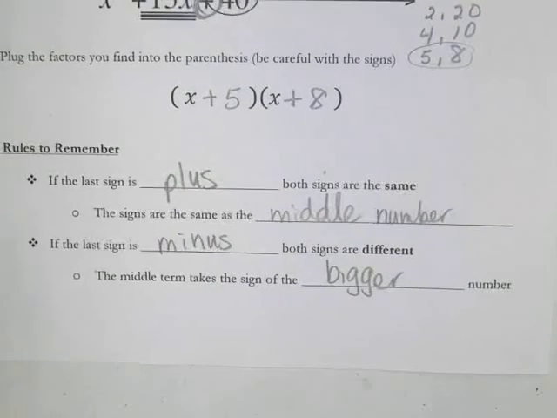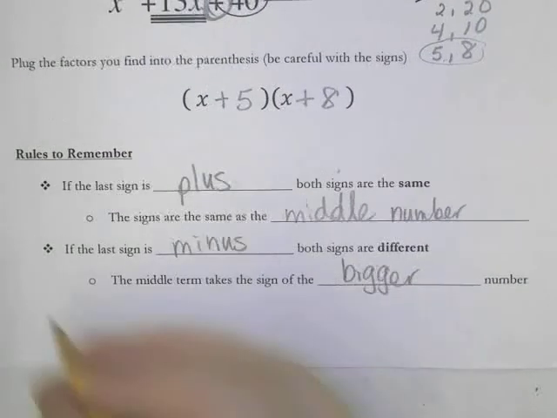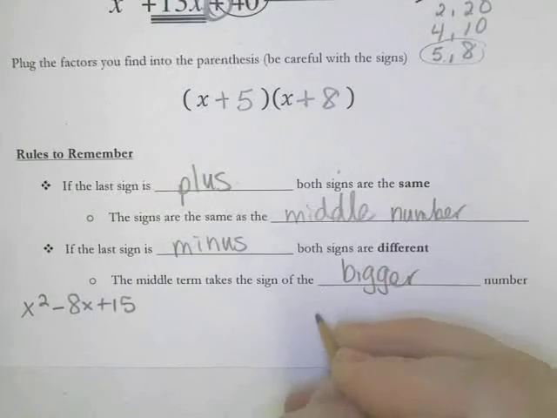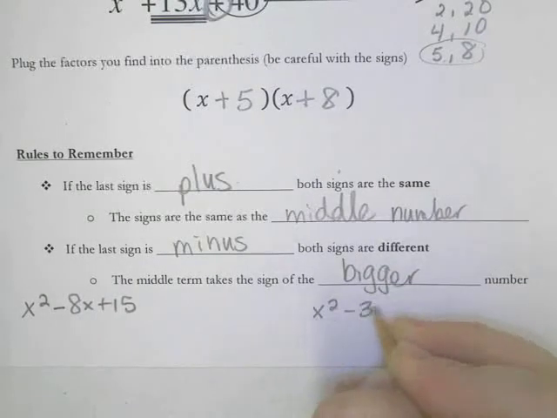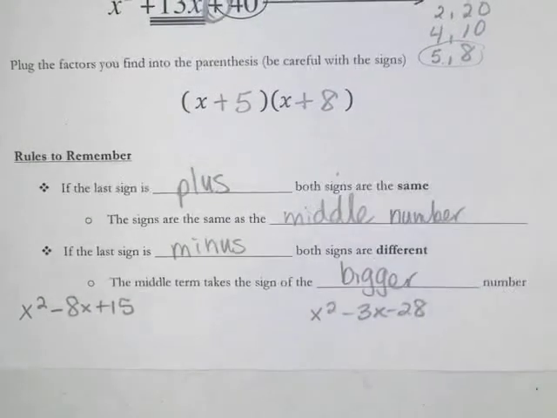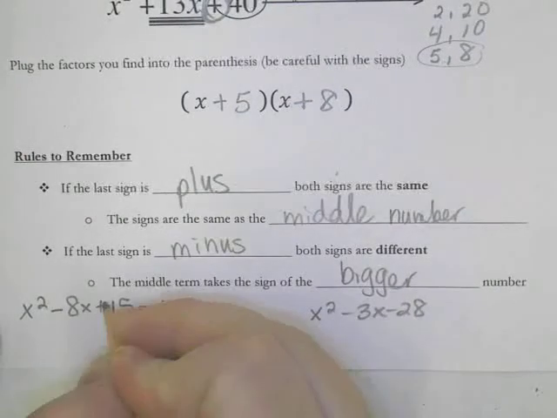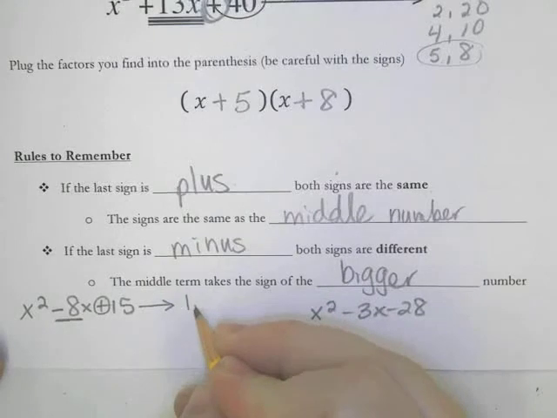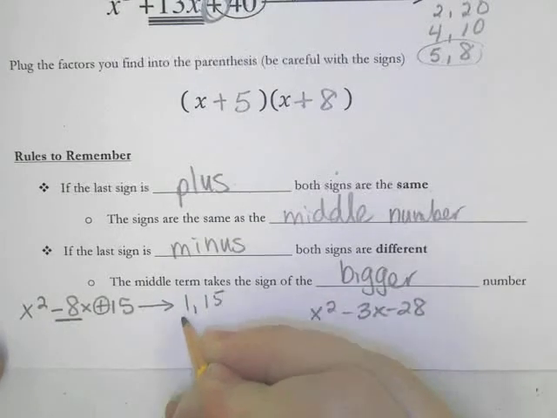Okay, so we got a little bit of space down here, so we're going to write a couple problems down here. And so I have x squared minus 8x plus 15, and x squared minus 3x minus 28. Well, I'm looking for my factors of 15 that add to give me 8. So my factors of 15 are 1 and 15 and 3 and 5.